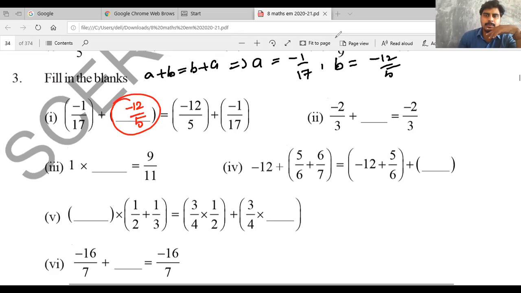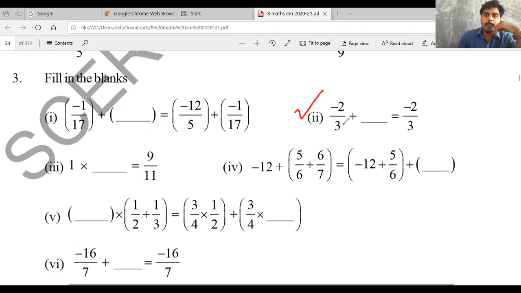Coming to second bit. Minus 2 by 3 plus dash is equals to minus 2 by 3. Yeah, it looks like additive identity property. Additive identity. Yeah, what is that property?